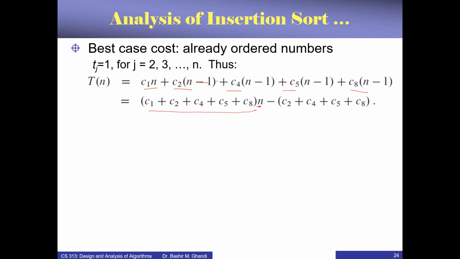So this is minus C2, minus C4, minus C5, minus C8. If you factor out the minus, then they become all positive: C2 plus C4 plus C5 plus C8. And since they are all constants, you can represent them simply as an plus b. Okay, and this is basically the idea.